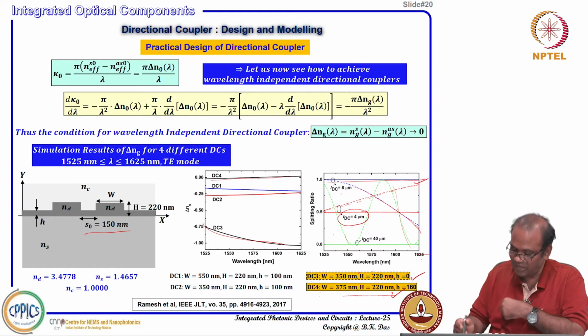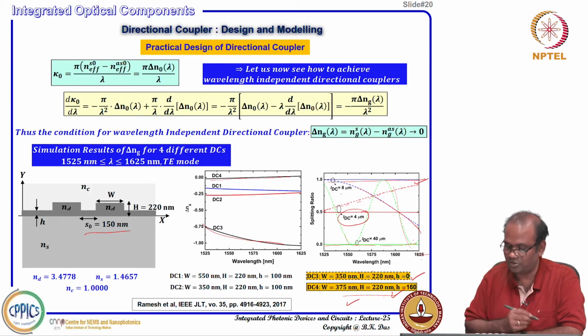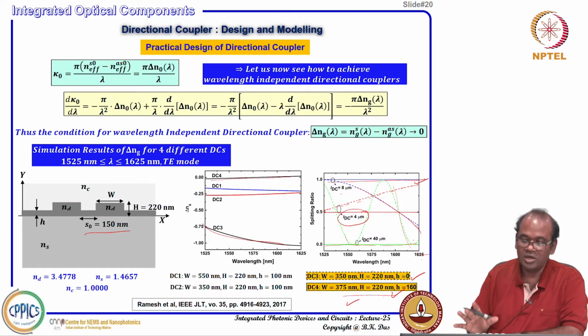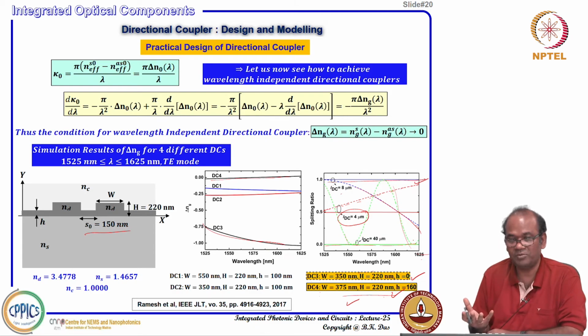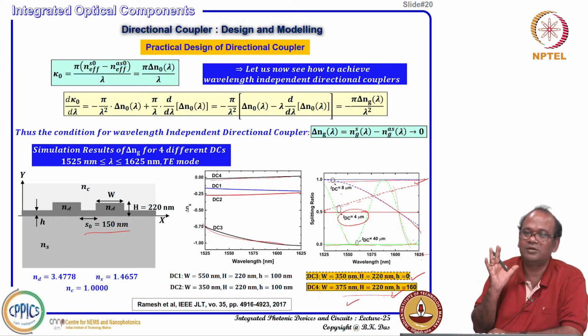However, if you design properly, even with longer length, you see the splitting ratio is fixed. So, that is how you can engineer your structure to make a highly wavelength sensitive kappa or a nearly wavelength independent kappa.